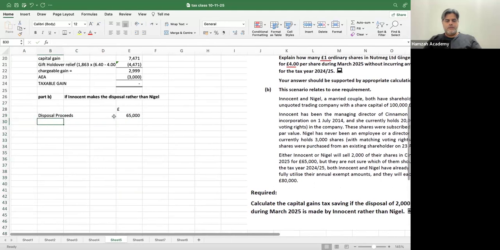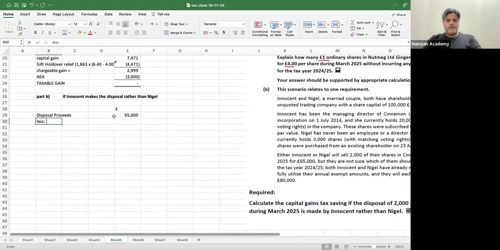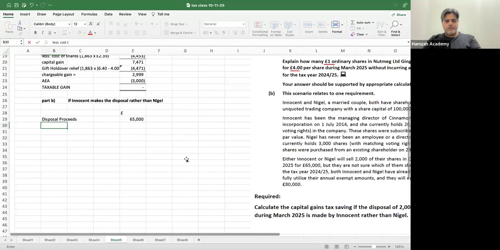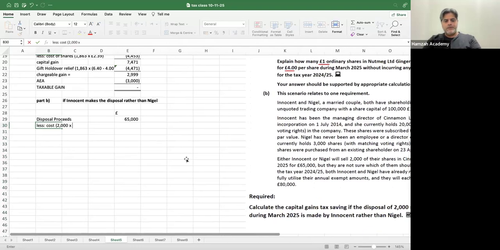Then we have less the cost. We are planning to sell 2,000 shares. They were subscribed at their par value of £1. So we have a chargeable gain of 63,000.